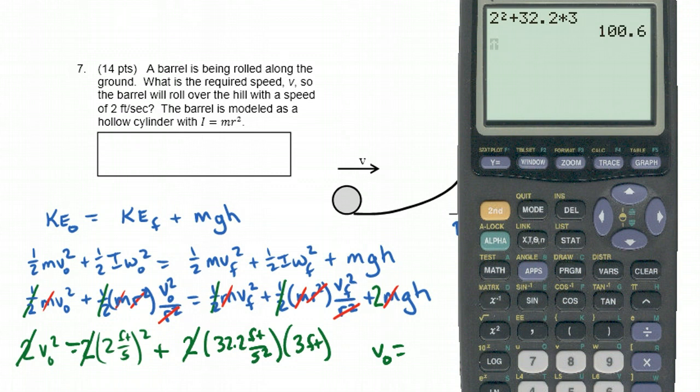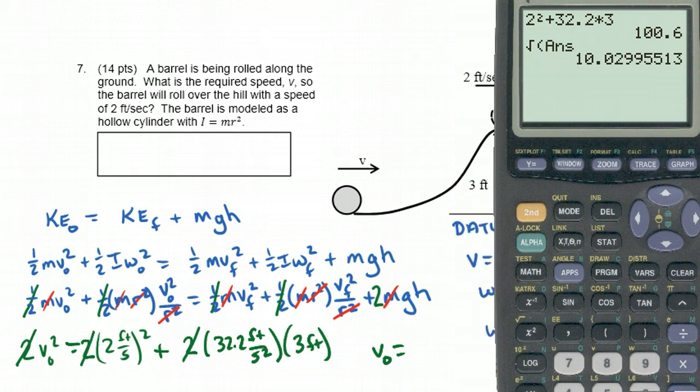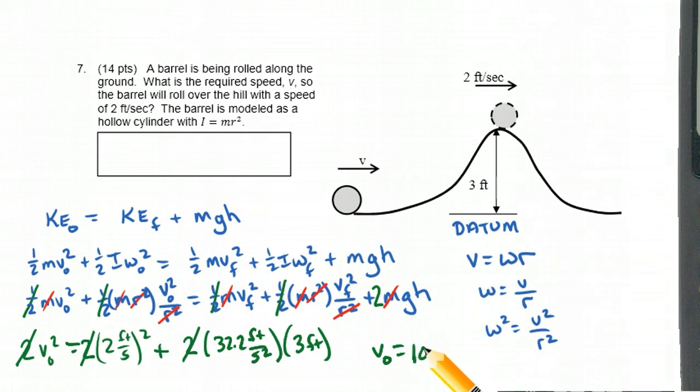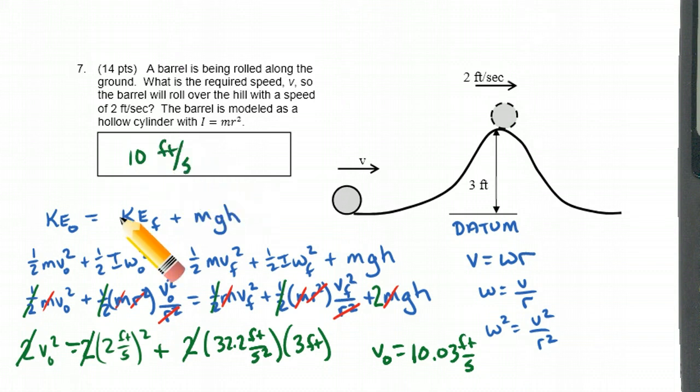And then the square root of that is 10.03. 10.03 feet squared per second squared, we took the square root of to get feet per second. So 10.0 feet per second is our velocity at the bottom to make it up the 3-foot hill.